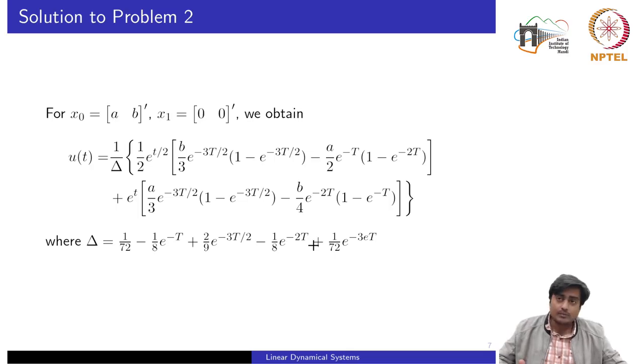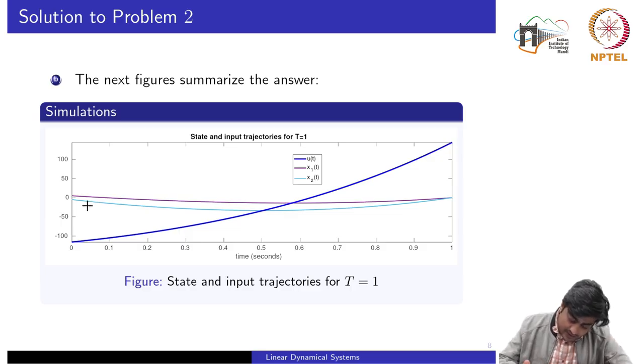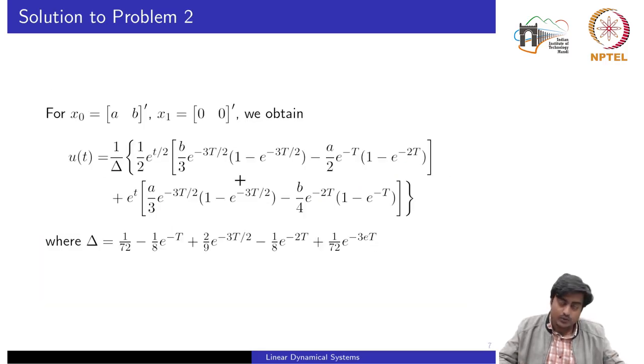Once we go to part B, which involves further putting the values of T and the initial conditions a and b, we have directly plotted the figures, because once you have the complete formula for u, you can also compute an analytical expression.